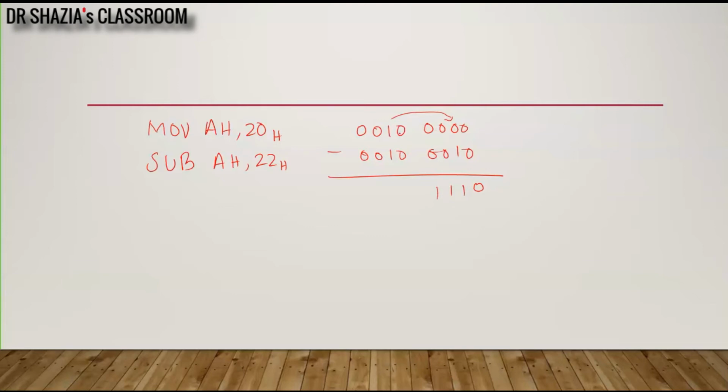Here also we have 1, 1 minus 0. Here we have 0. I need a borrow. In this case also, to subtract 1, I need a borrow, and it will be 10 minus 1. This will be 1, this will be 1. So, what result I am generating in this case is FE.